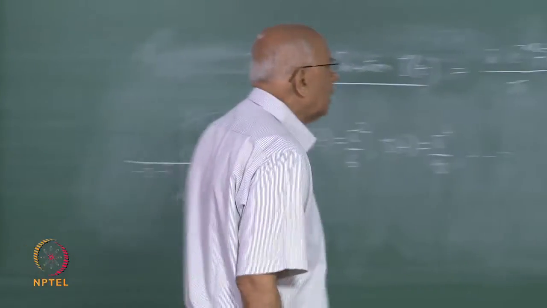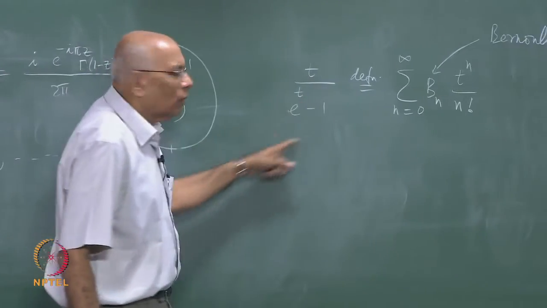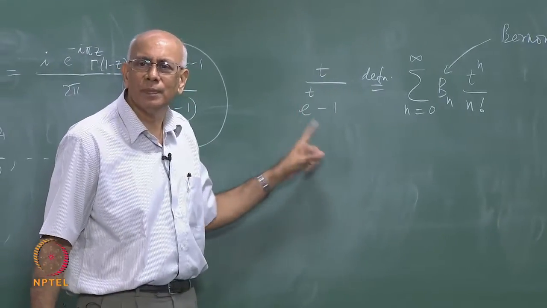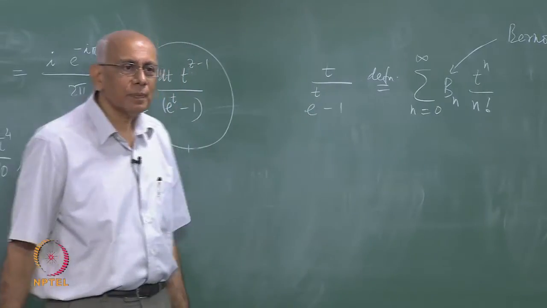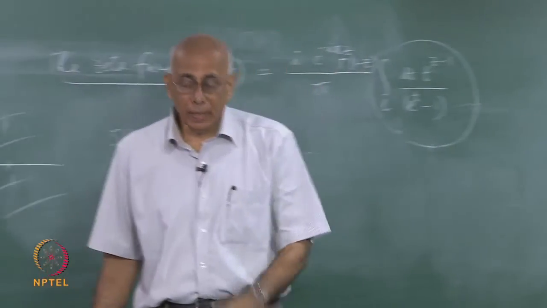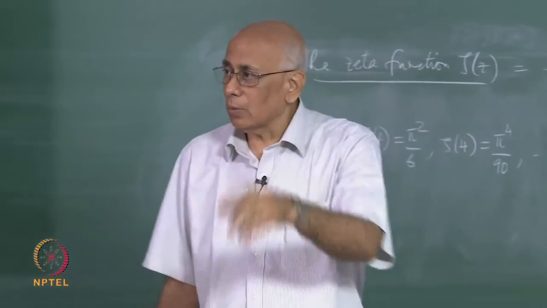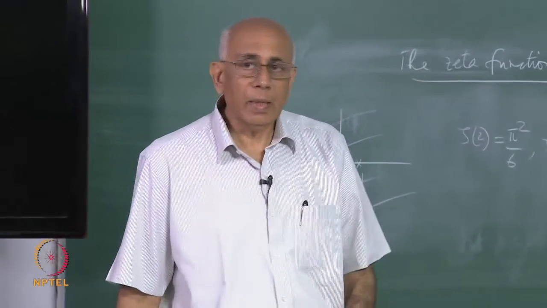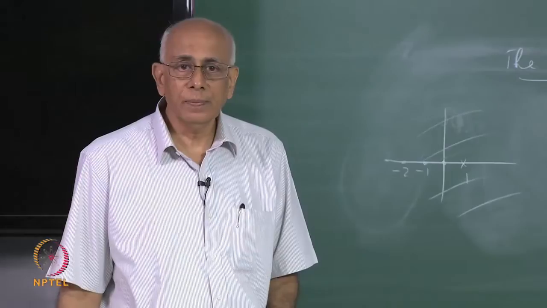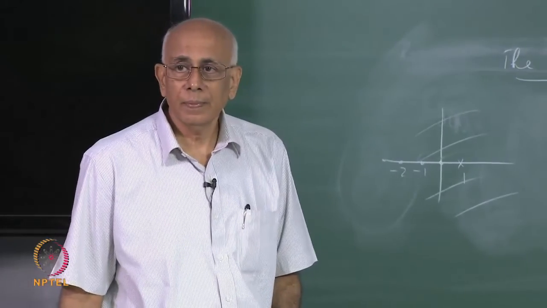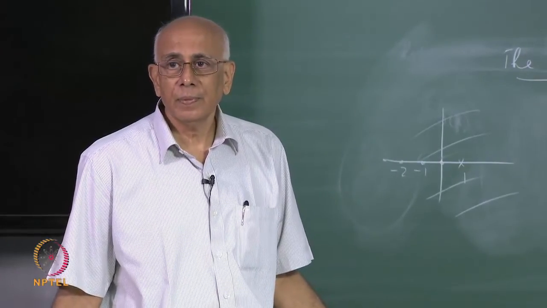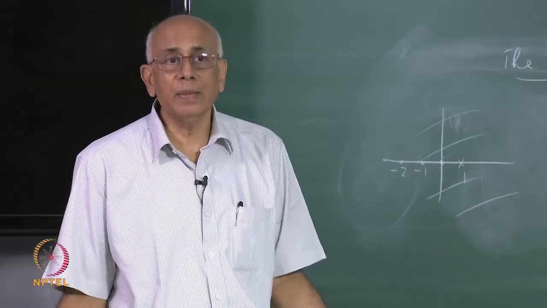But what happens on the left hand side? Is this an entire function? I agree the pole at t equal to 0 gets cancelled out, it is a removable singularity, but are there any other singularities? Well, if they did exist, where would they be, at what points?